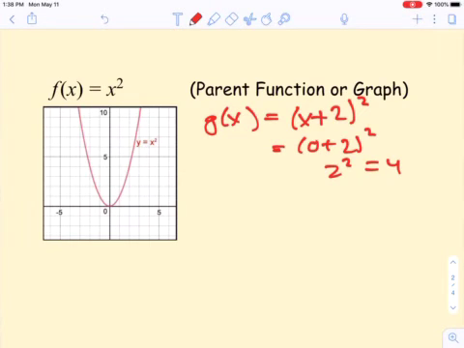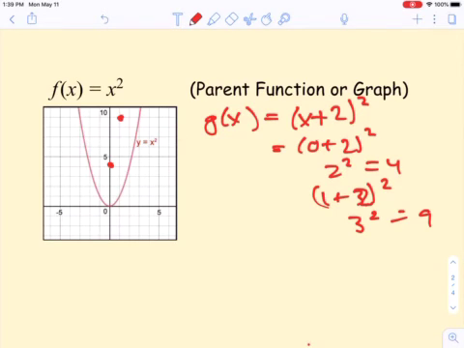So 0, 4, which is my point right here. If I put 1 in, that gives me 1 plus 2 squared, which is 3 squared, which is 9. That's going to put me up here, and as my numbers continue to get more positive, they're going to get bigger and bigger. So again, this thing has obviously shifted.